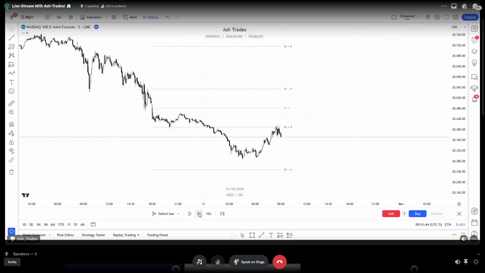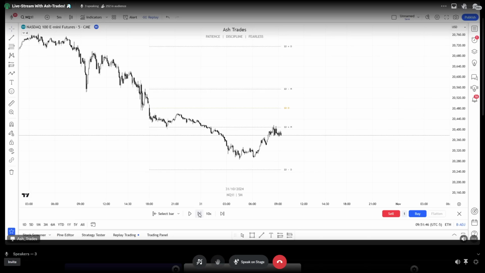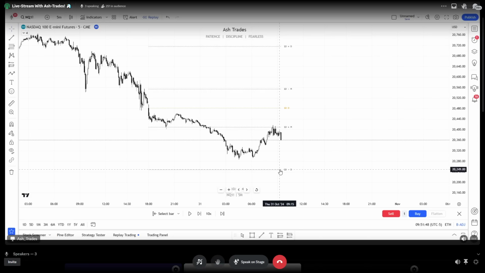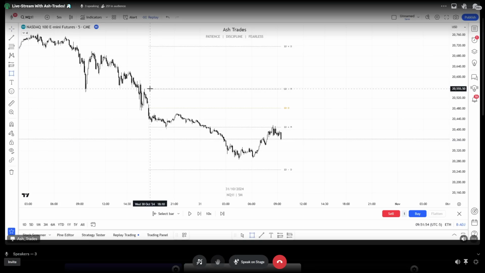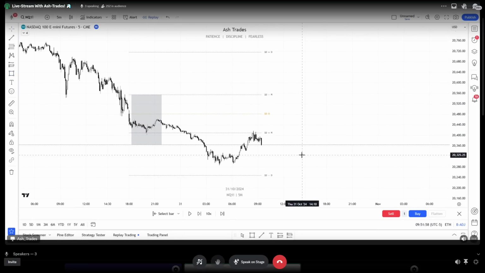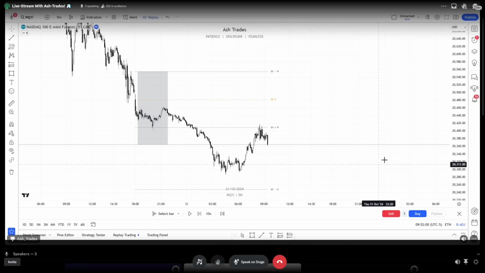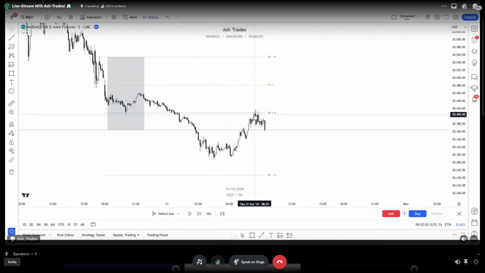Here comes 9 o'clock. All right. Same exact logic as always. Range. 9:30, it's time, right? What is price doing to the range?